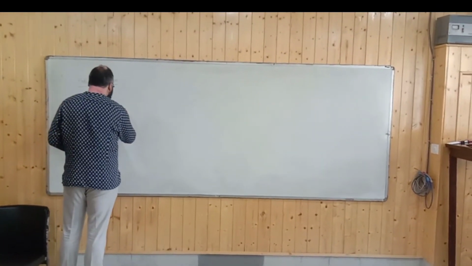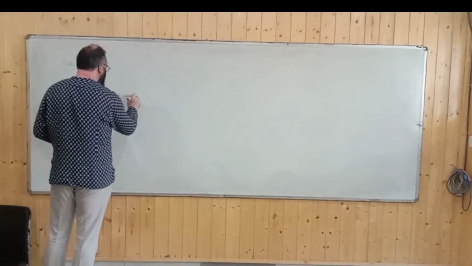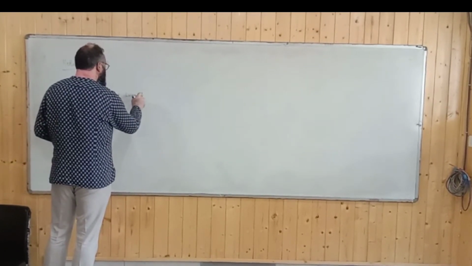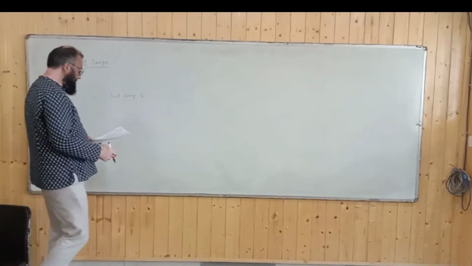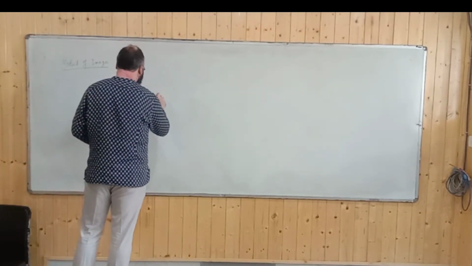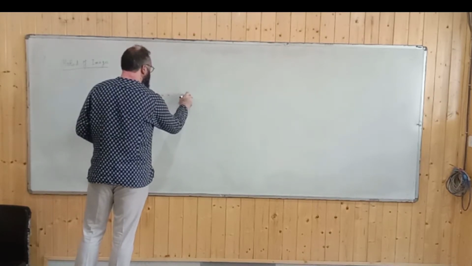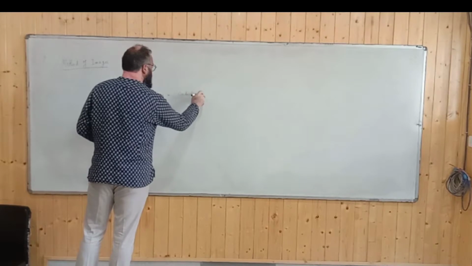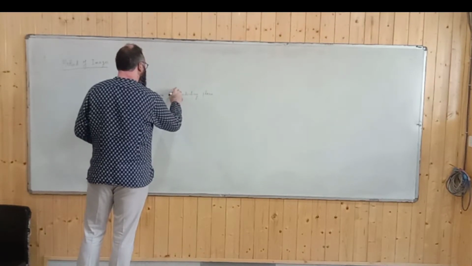Okay, so let's take the first example. If we have a point charge, let's take a point charge plus Q, we'll take just a positive charge as a convention, above a conductor. So I should write here the ground.